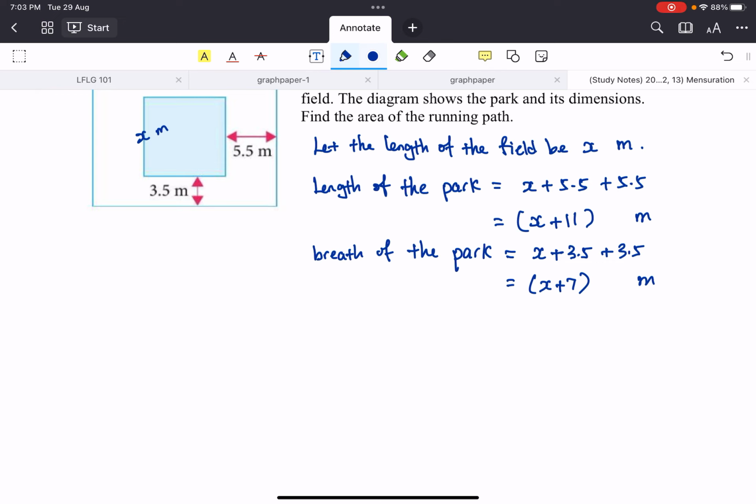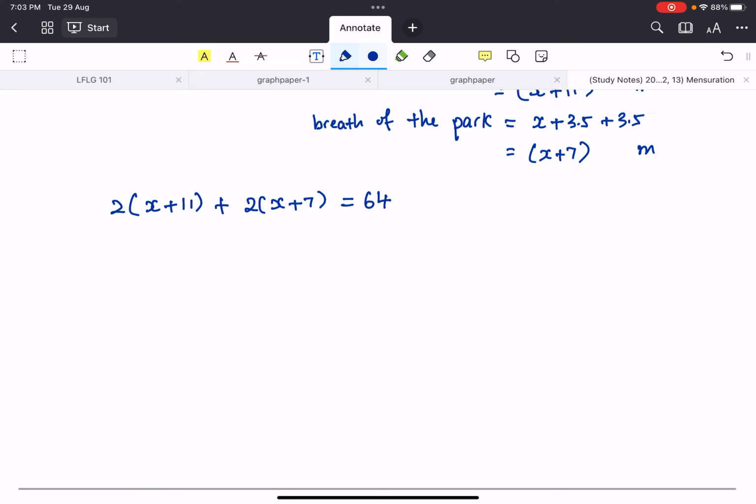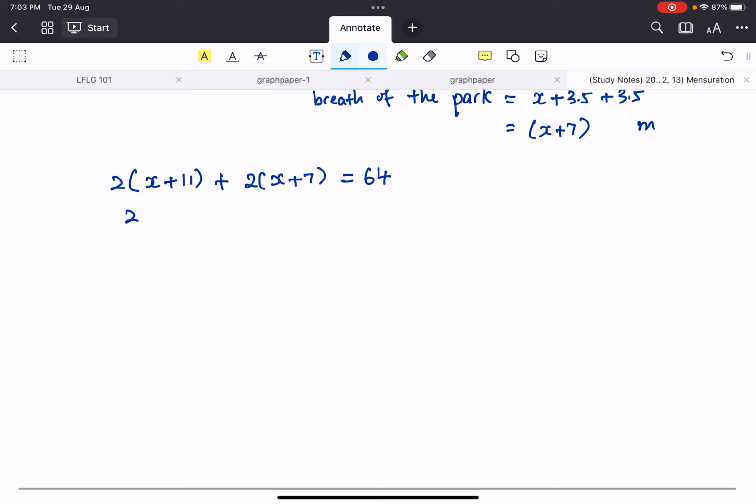So the perimeter is 2 times the length plus 2 times the breadth, and this equals 64. After we define the variable, now we construct the equation, and then let's go ahead and solve it so that we get the value of x. So let's simplify this. We have 2x plus 22 plus 2x plus 14 equals 64.